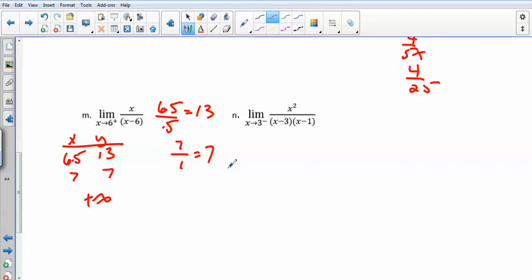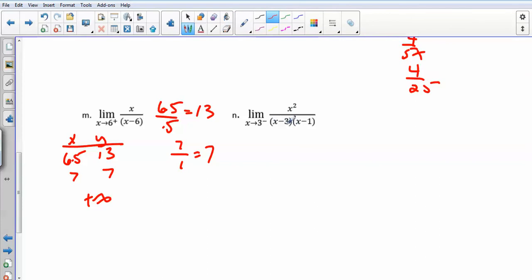And then in n, I'm going to multiply these out to get x squared minus 4x plus 3. Now I have x squared over x squared, so I know there's a horizontal asymptote at 1 over 1, so my end behavior should be 1. However, this question is not asking about the end behavior, it's asking about the behavior as x approaches 3 from the left. So I'm going to erase where I multiplied it out because I only need that for the end behavior.